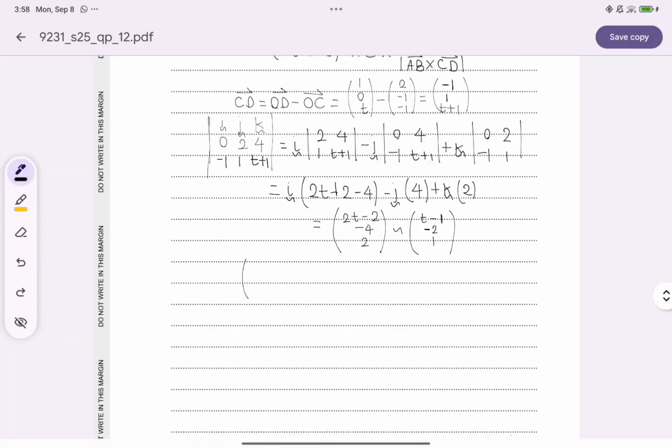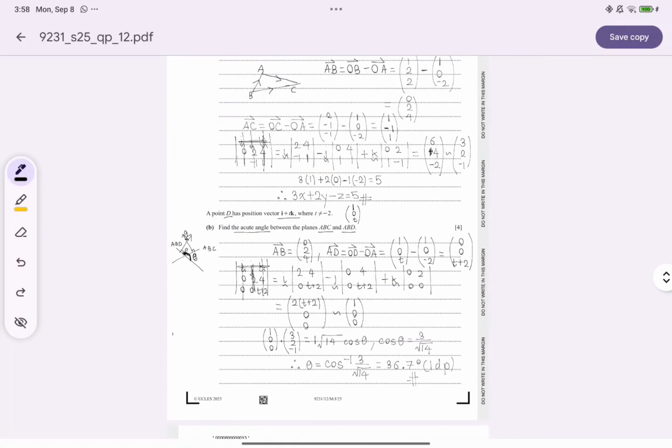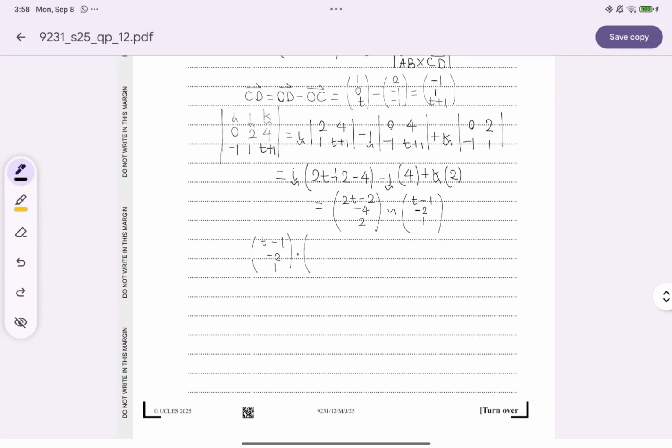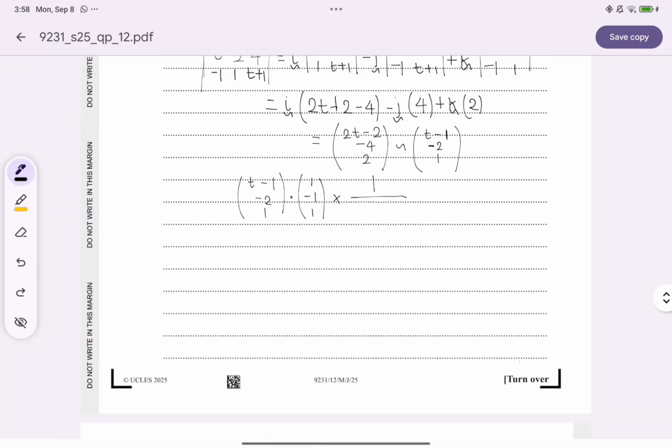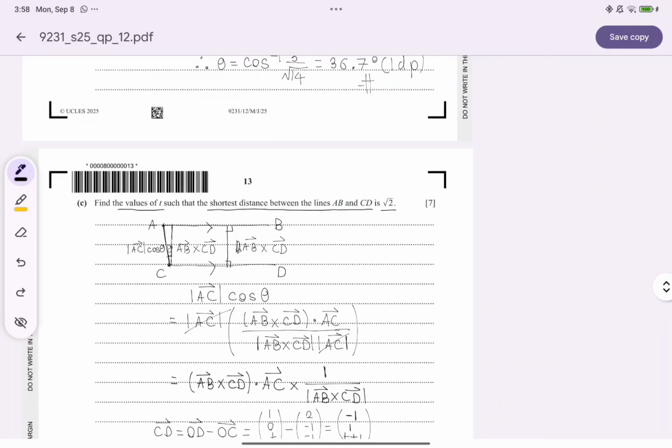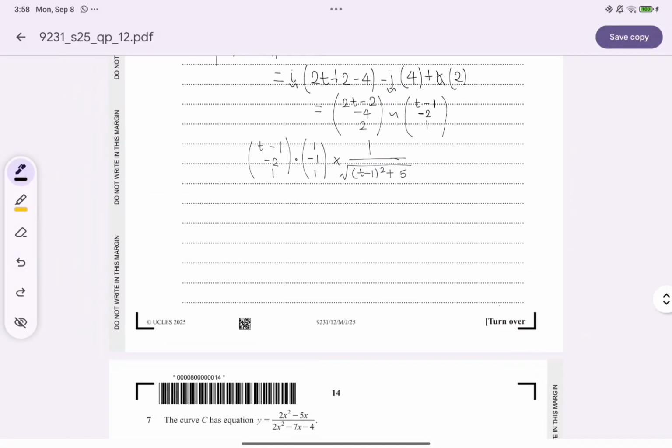Now let's substitute all this into the equation we formed. So AC is just 1 minus 1, 1, times the square root of the common perpendicular, which is just T minus 1 squared, plus minus 2 squared, which is 4, plus 1 squared, which is 1, so 4 plus 1 is 5, equated to square root 2.